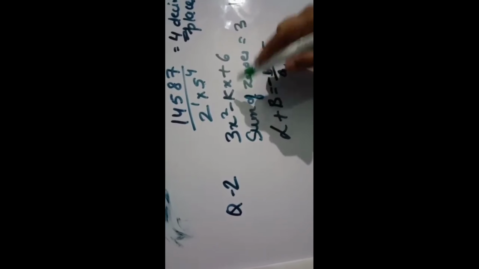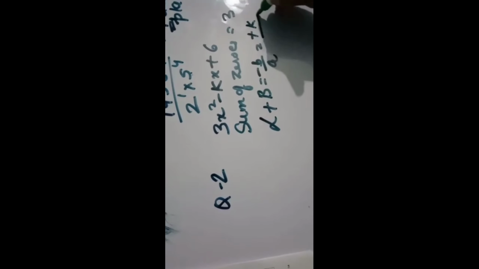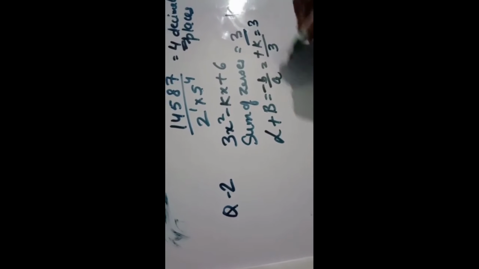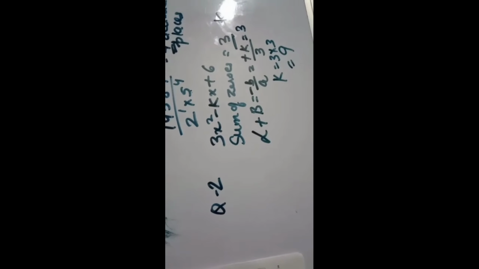Now b is the coefficient of x, so minus of minus k will come plus k. A is the coefficient of x square, which is 3, and according to the question the sum of zeros is given 3, so k will come 3 into 3, that is 9. So the k value will come 9.